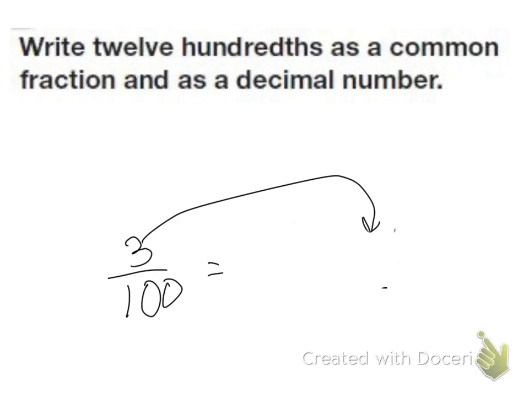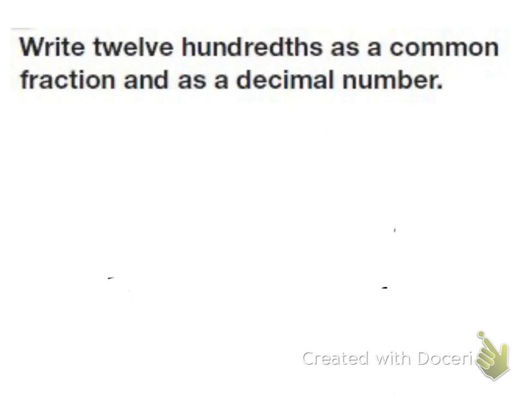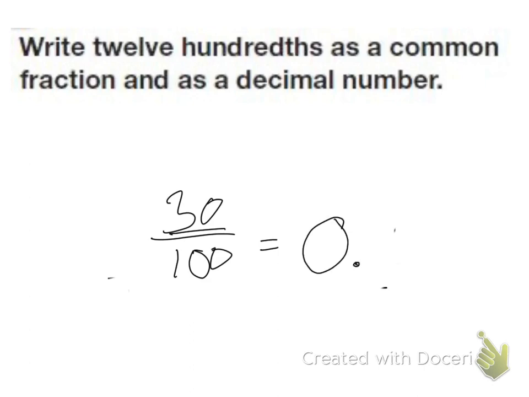I could also have 30 over 100. Okay, so the number 30 has to be written down as 0.30. Okay, so the 0 goes into the hundredths place, and the 3 goes in the tenths place. Okay, because I still have to have the number 30 with it ending in the hundredths place.